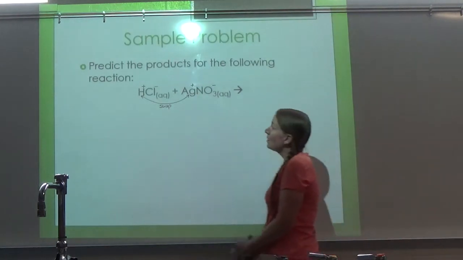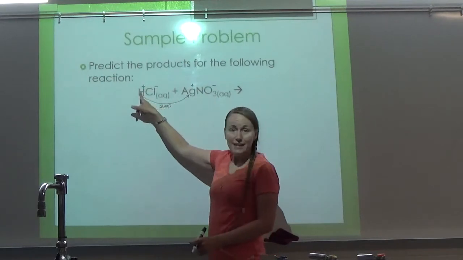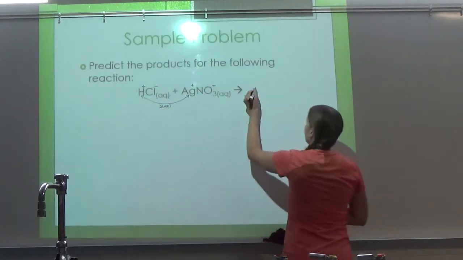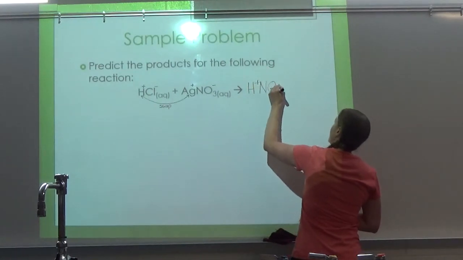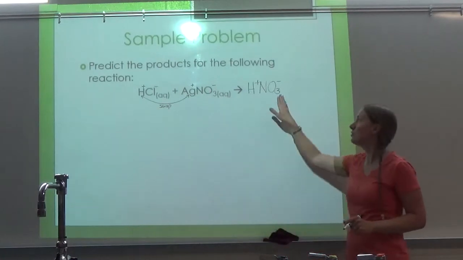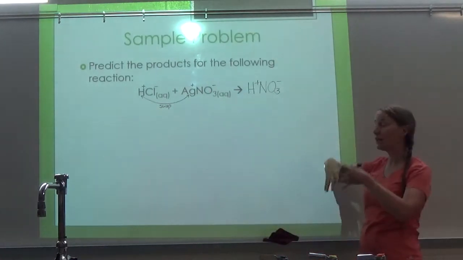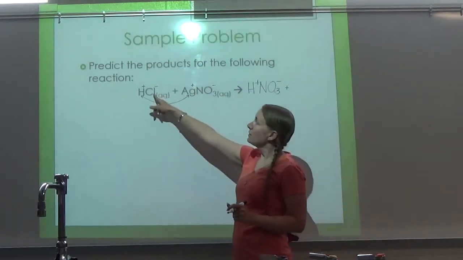Now H is going to bond with NO3. I'm going to write the H first because it's the positive one. So H positive, NO3 negative. Remember, NO3, nitrate, is all one thing, so I don't do anything with the 3. I just bring it on over. Now Ag is going to bond with Cl.